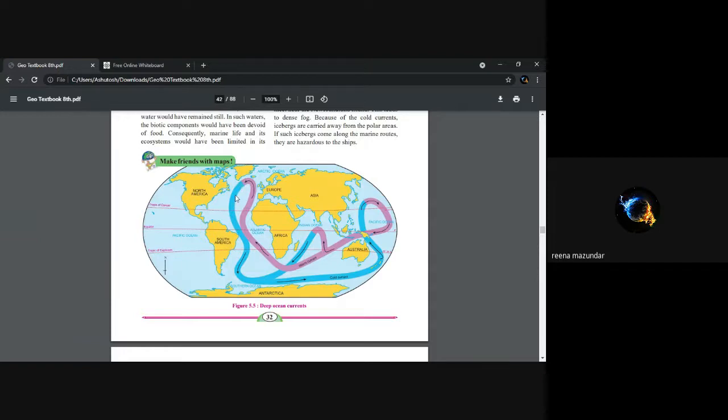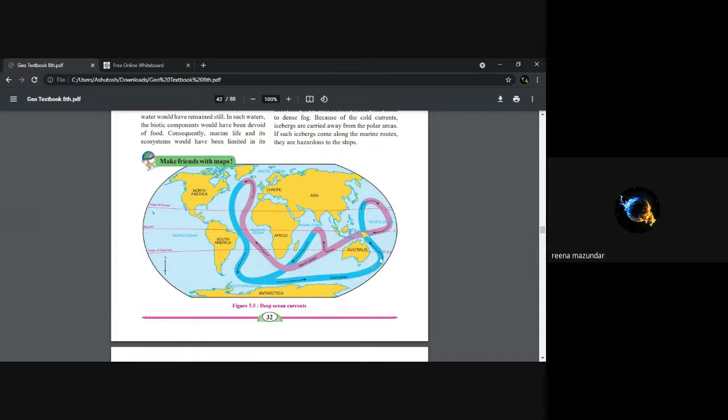And when it comes to Antarctica, since Antarctica lies near the southern pole, here the temperature is very cold, and hence we find deep sea currents over here.